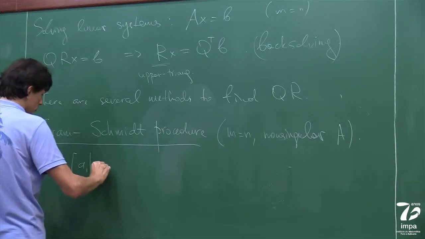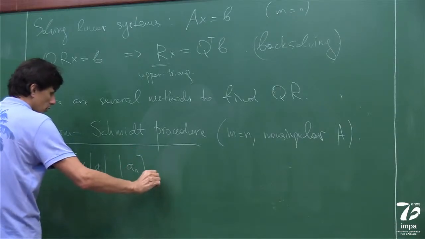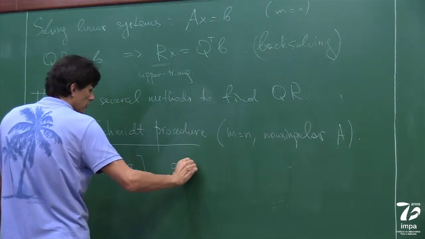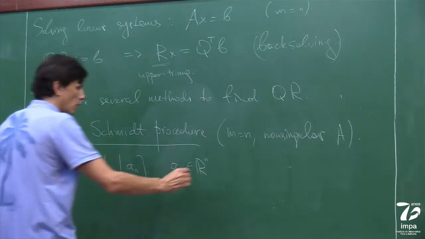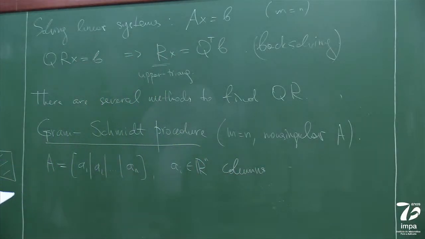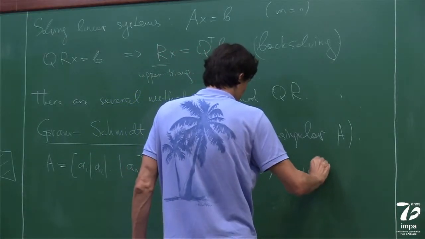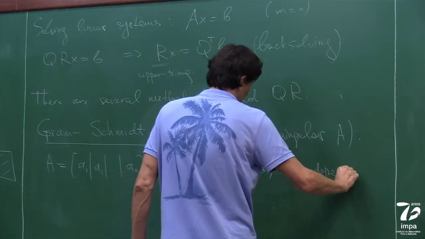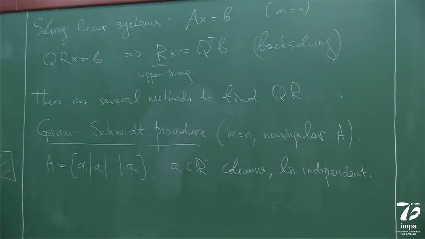Let's denote them by small a, so each a is a column. They are linearly independent, because we assume that the matrix is non-singular.